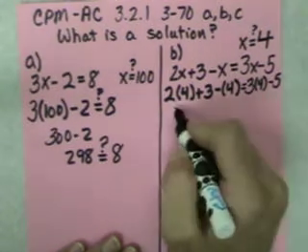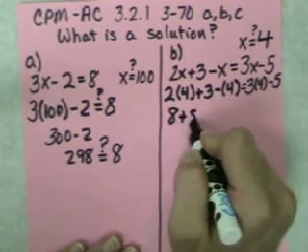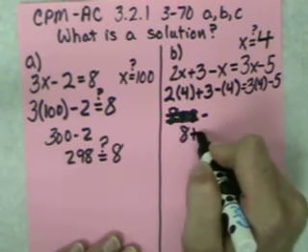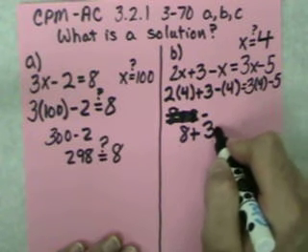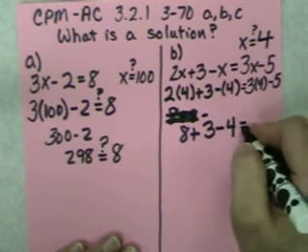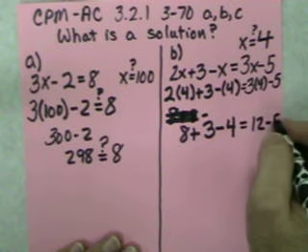Okay, 2 times 4 is 8, plus 3, 8 plus 3 minus 4, 3 times 4 is 12 minus 5.